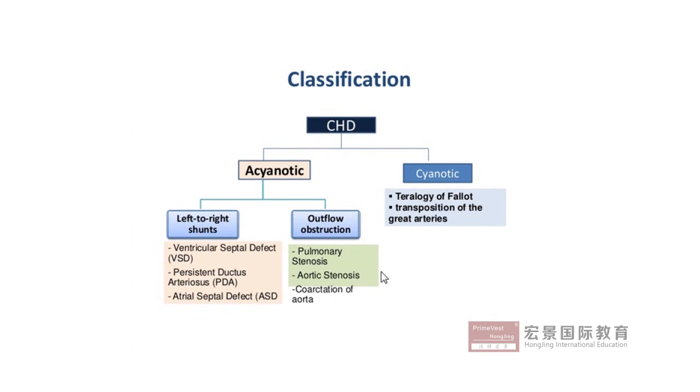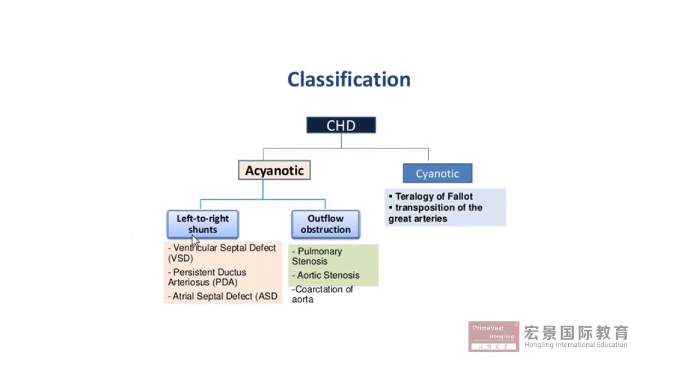So here's a picture of that. You can see we generally classify two types, and in the acyanotic part we can see there are left to right shunts and outflow obstruction.